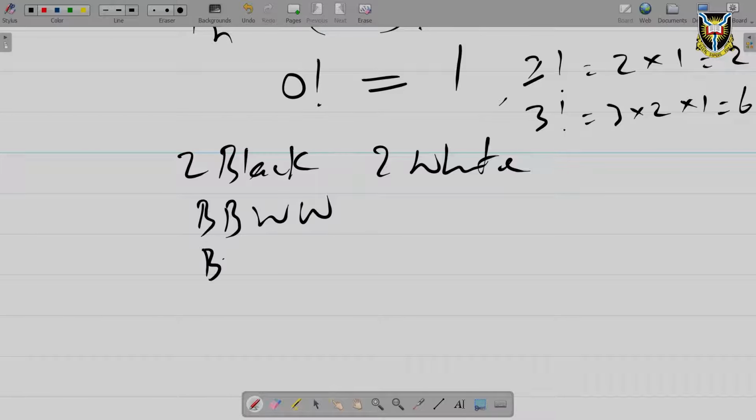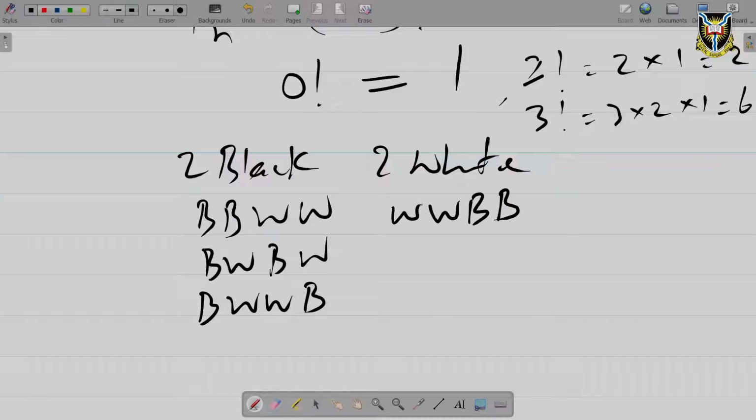Of course, we can also have black, white, black, white. All right? We can have black, white, white, black. Now, I believe you are thinking along with me on the possible arrangements that we can also have from here. We can have white, white, black, black, and we can have white, black, black, white.